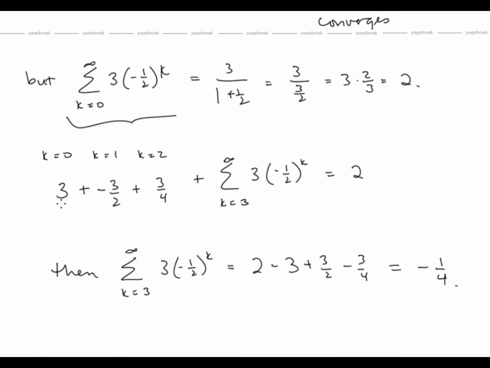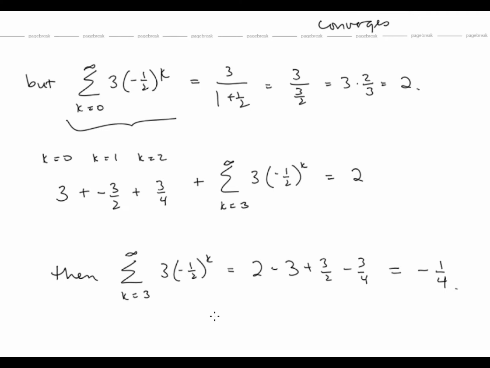Well, just subtract off the terms. 2 minus a 3 plus 3/2 minus 3/4. And so this sum is -1/4. So we recognize that this one is geometric with absolute R less than 1, so we know that it converges, but we just had to subtract off the values of the first few terms so that we got the exact sum we were looking for.